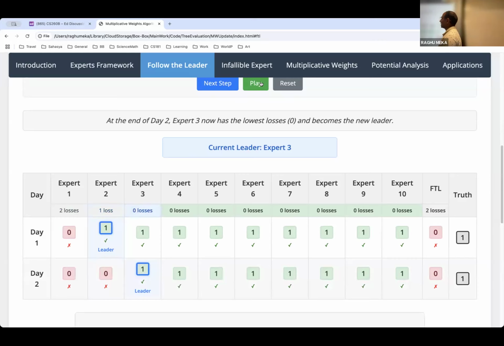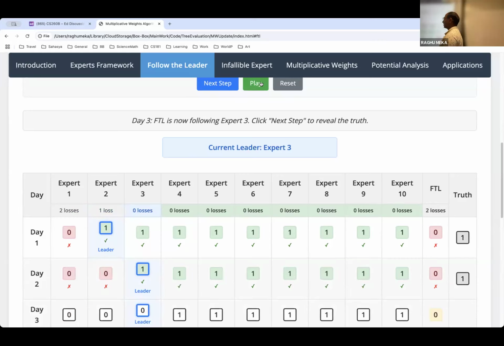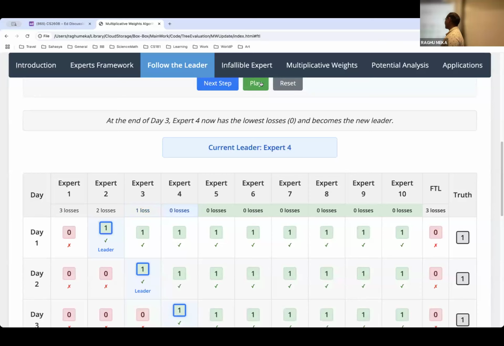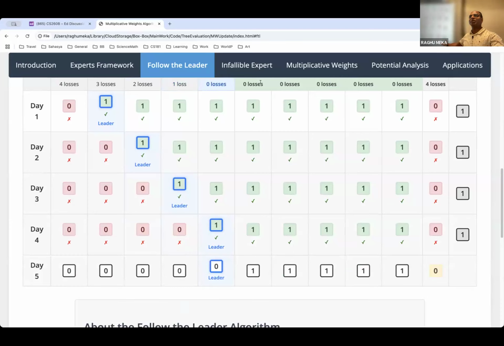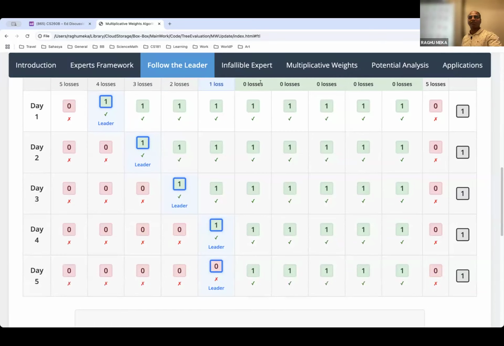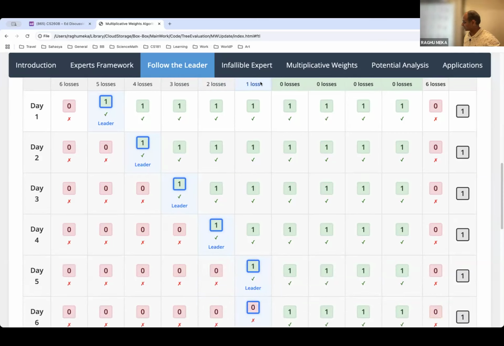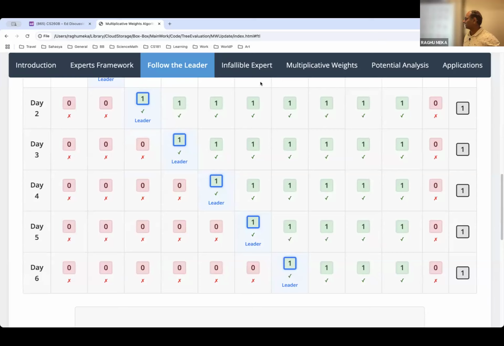The second day, the second expert makes a mistake. And the third day, third expert makes a mistake, and so on. Okay? But the end result here is we are wrong every day, because we are really flip-flopping, right? We keep chasing the ghosts, as it were. Okay? And you end up being wrong every day.